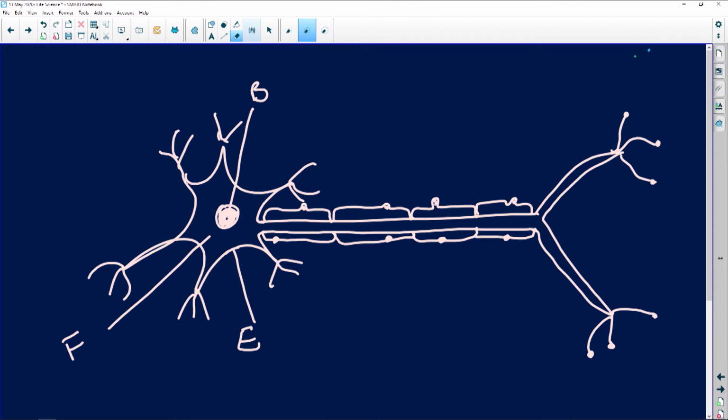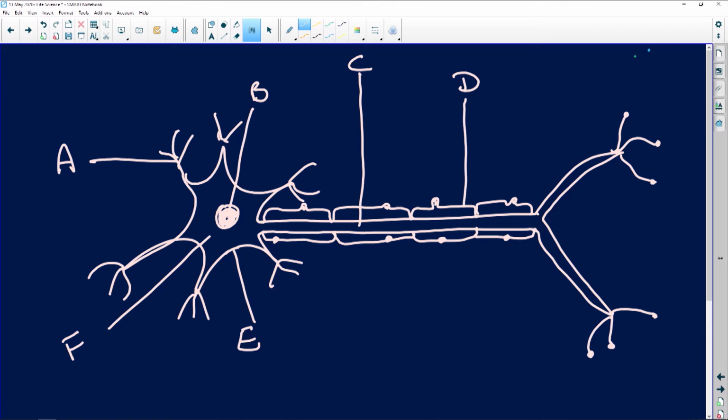Looks messy. Let's do it like this. Okay, C is that, and D is that.